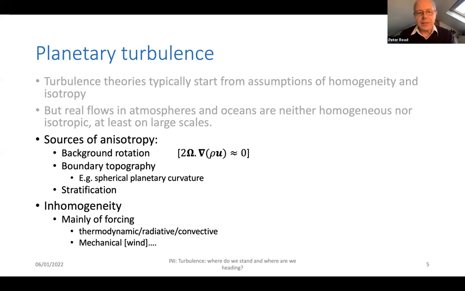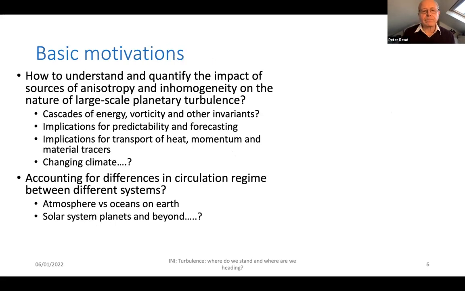And of course, the flow is inhomogeneous mainly because the forcing is inhomogeneous, and atmospheres are predominantly forced by radiative and thermodynamic processes. But in the case of the oceans, you also have the effects of the atmosphere acting on the ocean itself through mechanical stresses.